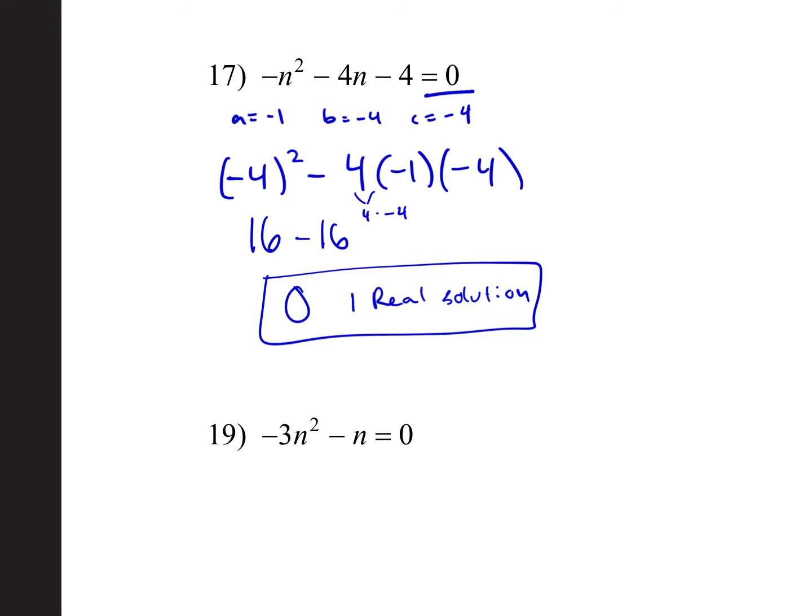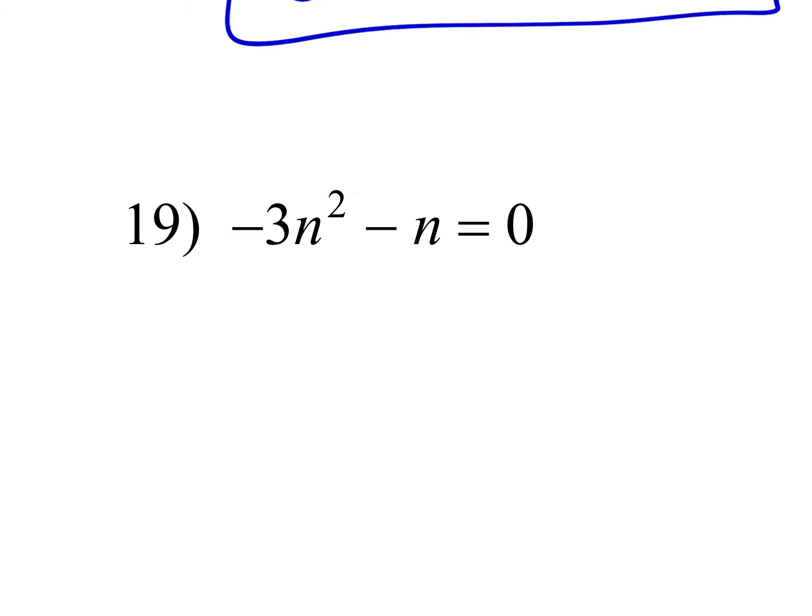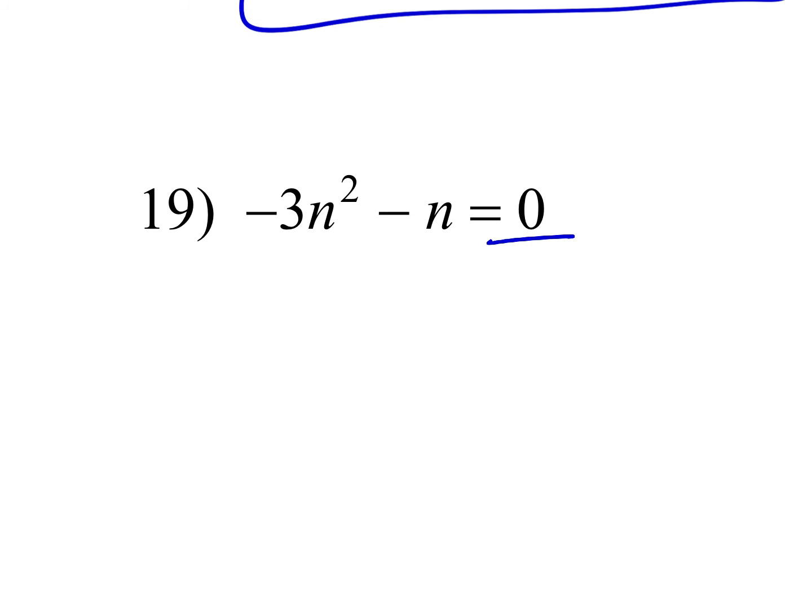Any questions here? All right, last one, 19. It's equal to 0. So what's A? -3. What's B? So we have an n here. So that means B is -1, because it'd be -1n. And what's C? 0.